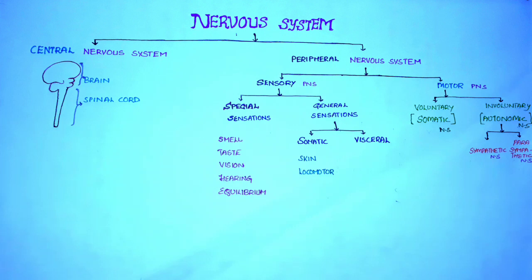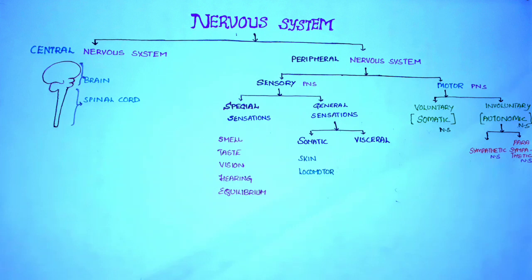Now we will have a quick review of the nervous system. The nervous system is divided into the central nervous system and the peripheral nervous system. The central nervous system consists of two parts, the brain and the spinal cord. The peripheral nervous system consists of two parts, the sensory peripheral nervous system and the motor peripheral nervous system.